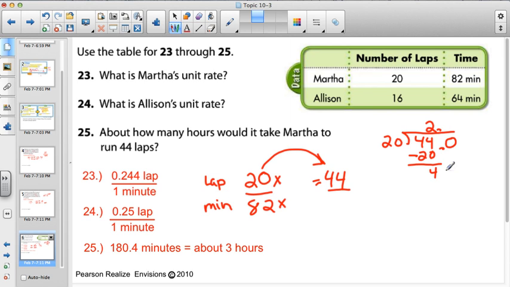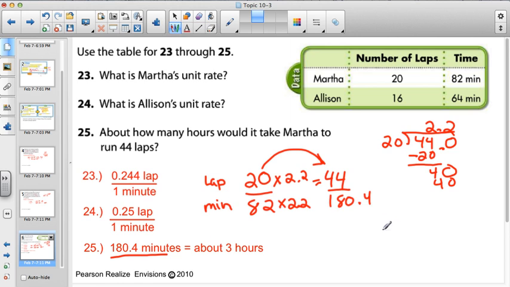Annex a 0. 20 into 40 will go 2 times, and of course that will terminate. So we want to multiply by 2.2, and if we multiply 82 by 2 and 2/10, we will get 180 and 4/10. So that tells us how many minutes we would get.